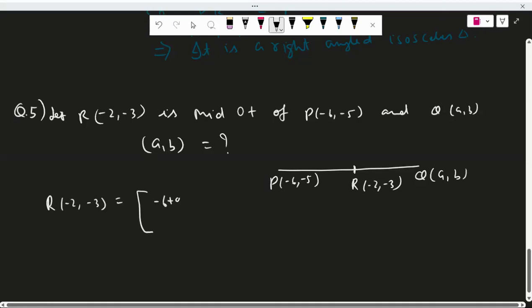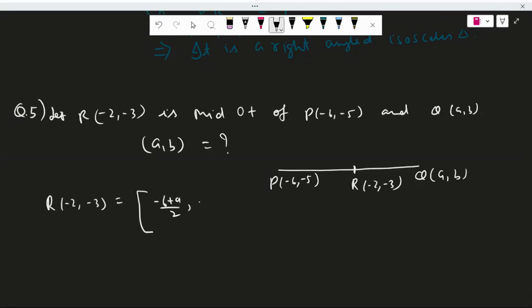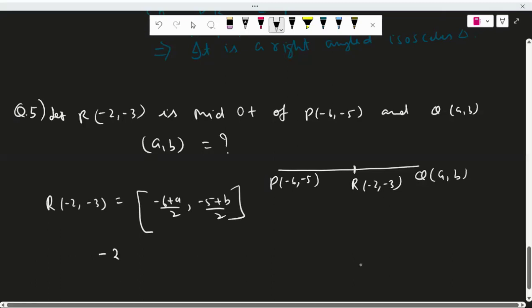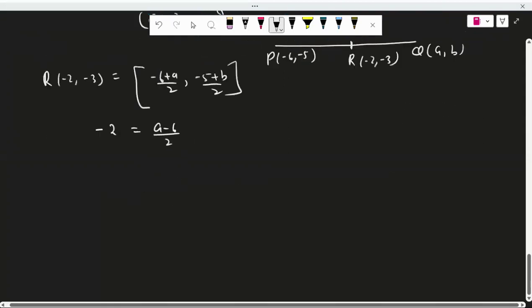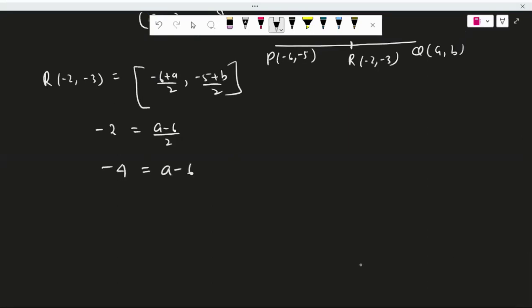So we have R (-2, -3) equals (-6 plus A over 2, -5 plus B over 2). We just need to equate them. The x coordinate is -2, and that is (A - 6) over 2. Multiplying both sides by 2, we have -4 equals A - 6.